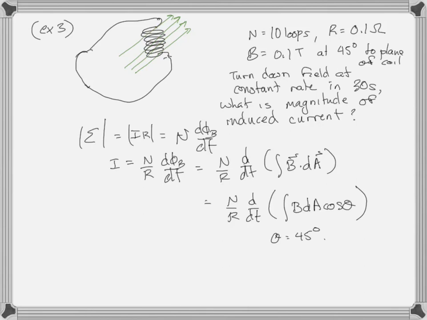It's not constant in time, but it's constant over the area. So B comes out of the integral because the integral is over the area. Got to get used to that. Cosine theta is a constant over time and area, so that comes out of the integral and out of the derivative.